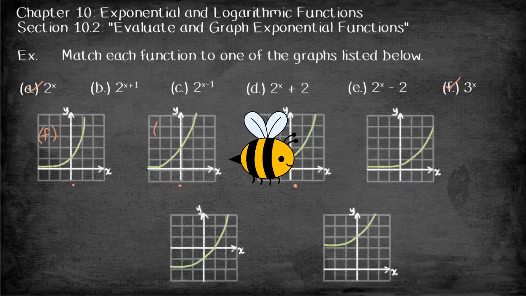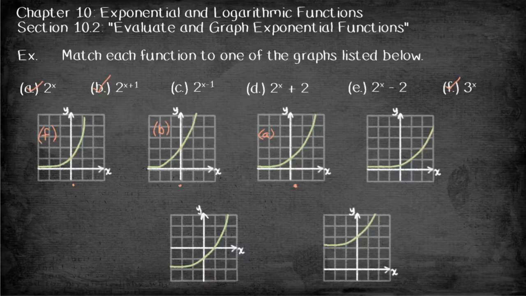So this has to be B. 2 to the x minus 1 is the graph moved to the right by 1, so that at x equals 1, the value should be equal to 1. And there's only one picture that fits that description. That would be this one.